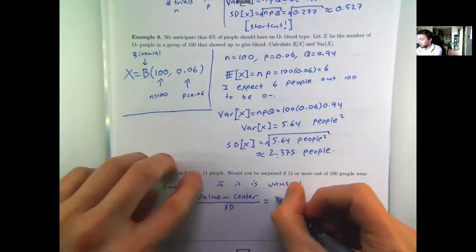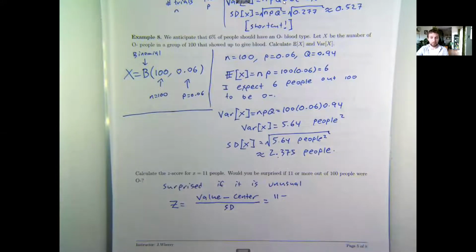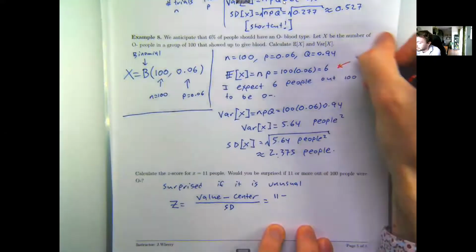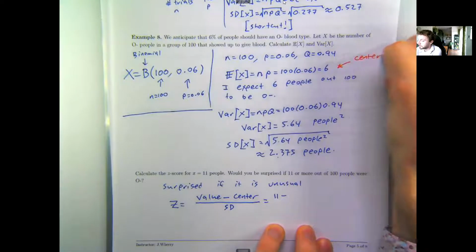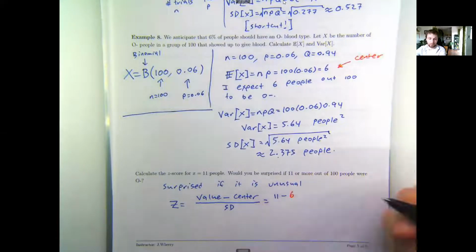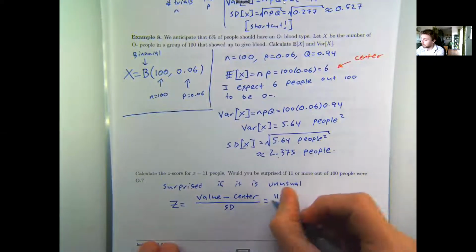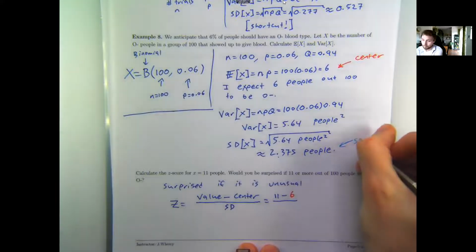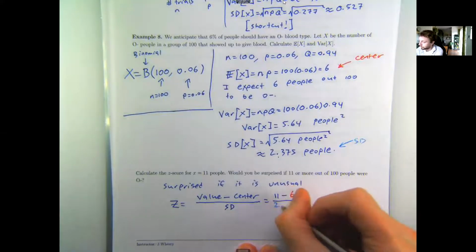I'm wondering what's going on with 11. I'm comparing this to my expected value or my center of 6. And I'm going to divide this by my standard deviation, which looks at the spread, of 2.375.